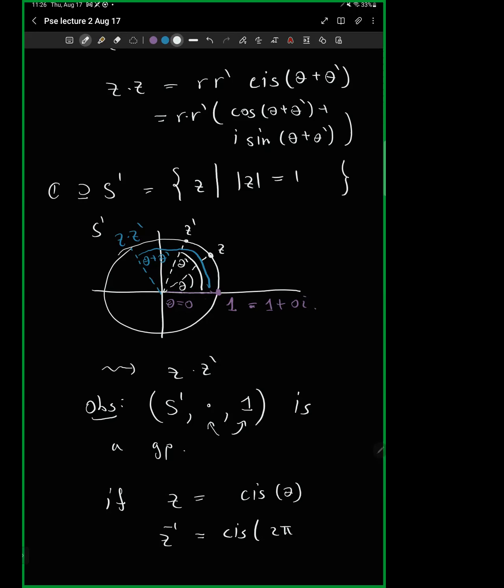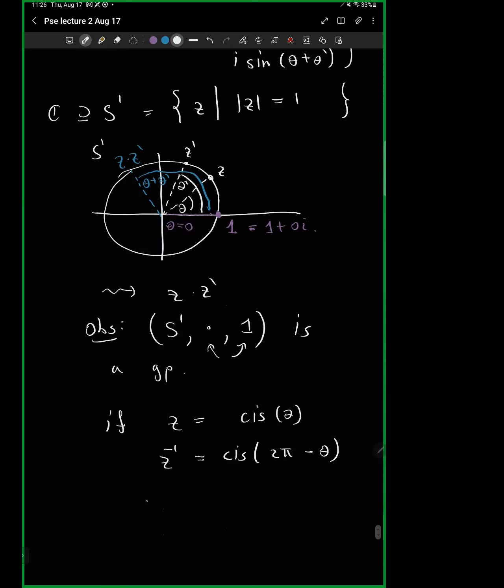So pi is 180, and if you take 2 pi minus theta and you multiply it with z, you get a kis of 2 pi, and this is indeed simply 1.